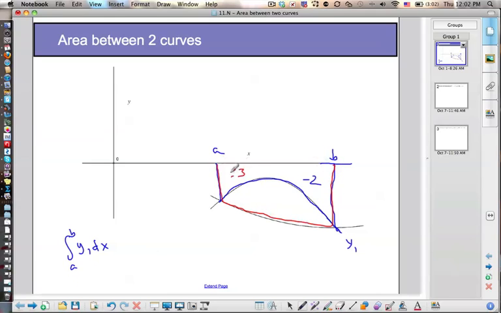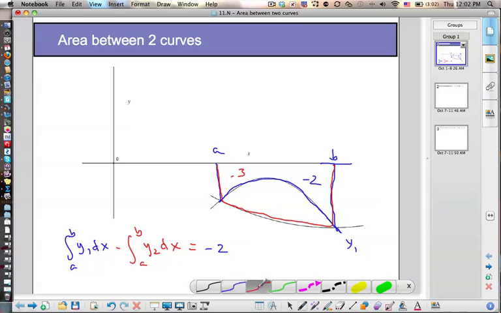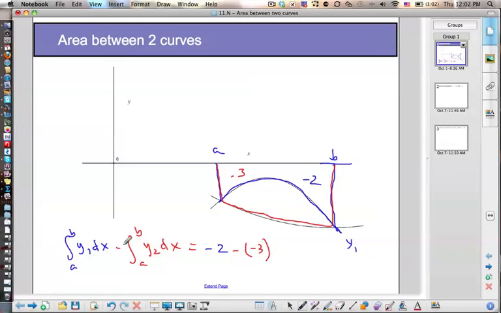So that's -2 minus -3, you subtract them, right? So -2 plus 3 is 1.